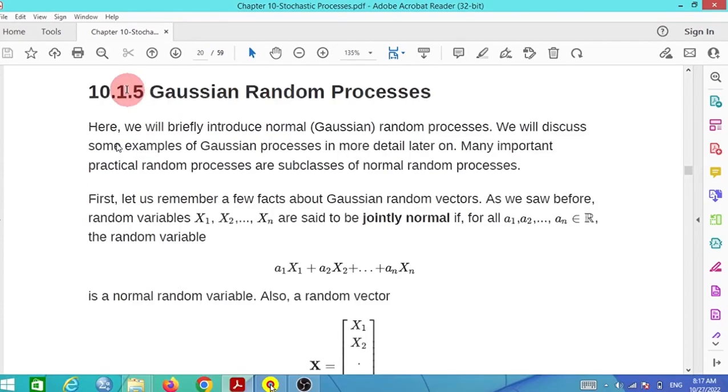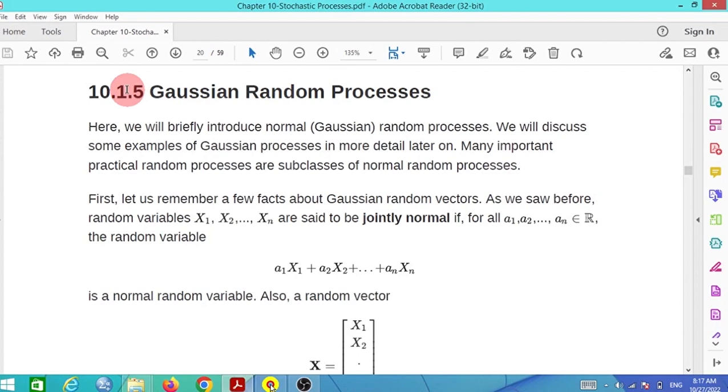Subsection 10.5 is named Gaussian random process. To better understand the subject of this subsection, come back to the previous chapter and study the normal distribution.